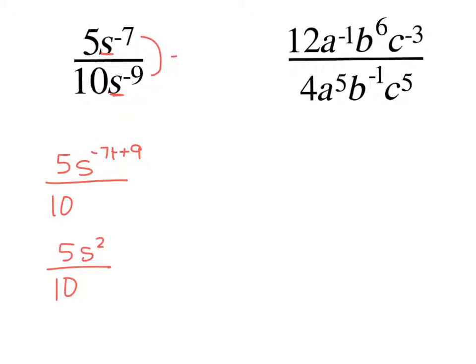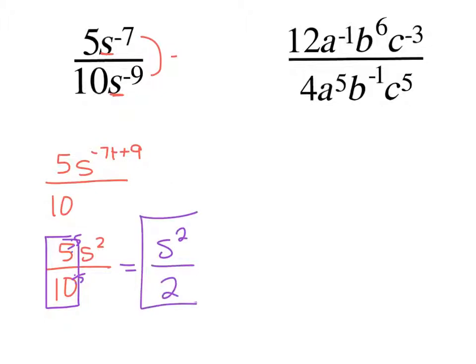Now, we always want to simplify our numbers if possible. So I'm going to simplify my 5/10. I'm going to divide them both by 5, which is their common factor. And then when I do so, I get a 1 on top, so just an s squared on top, and then 2 on the bottom. And that is my simplified answer.